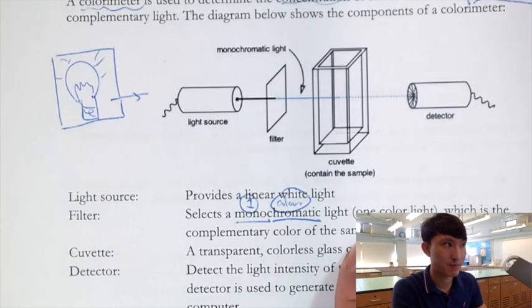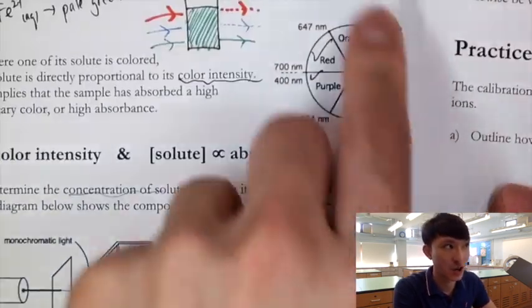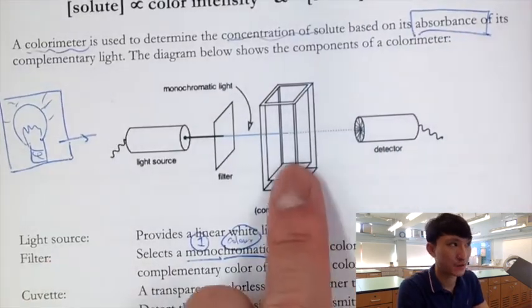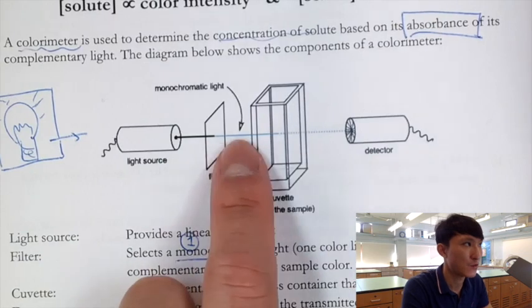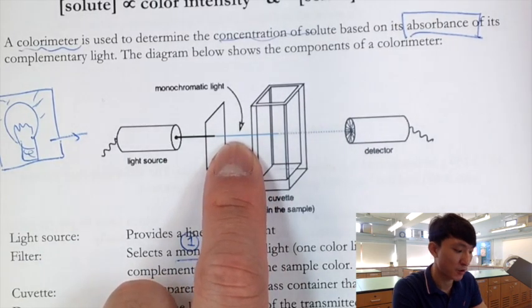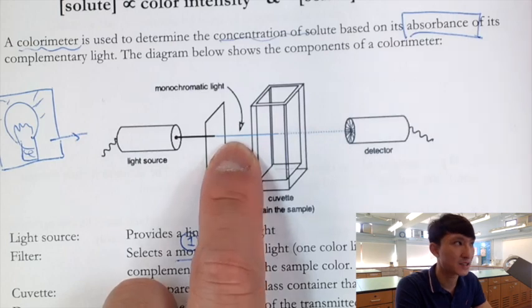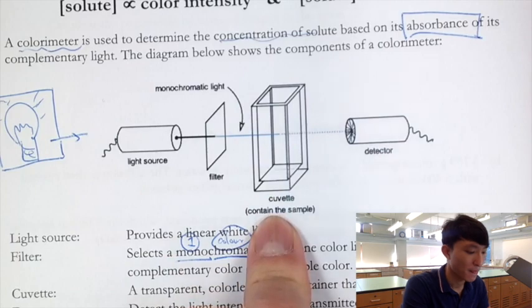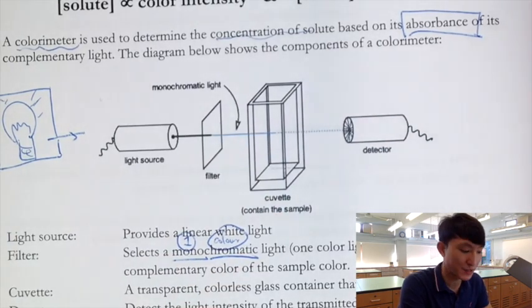So remember, complementary color again is determined by the color wheel. So again, over here, I use a blue color to represent the monochromatic light. So can you guess what is the color of the sample? Now it is just the reverse thinking.